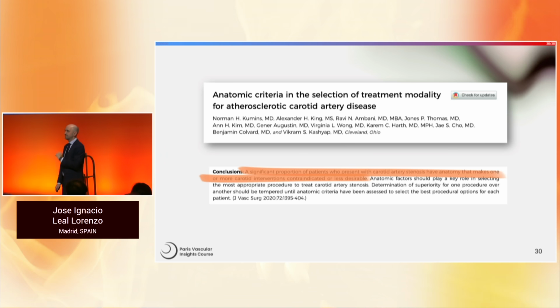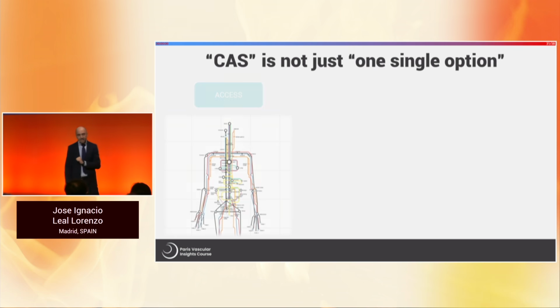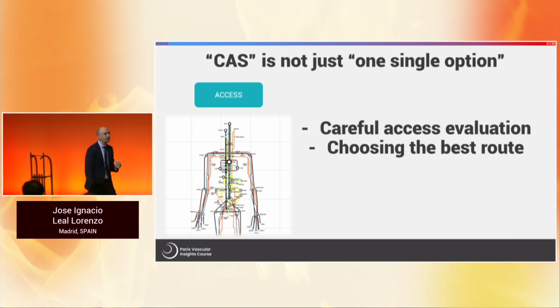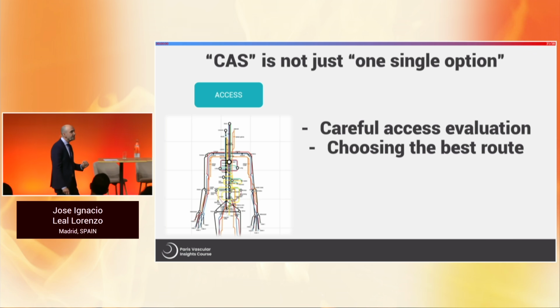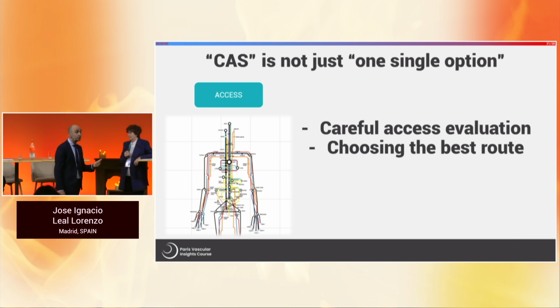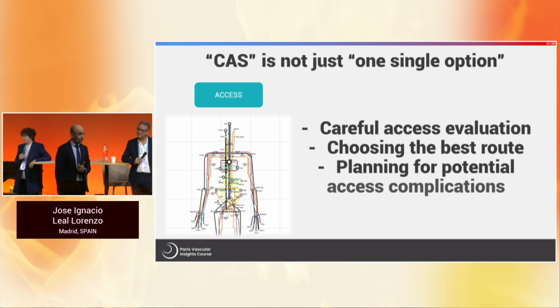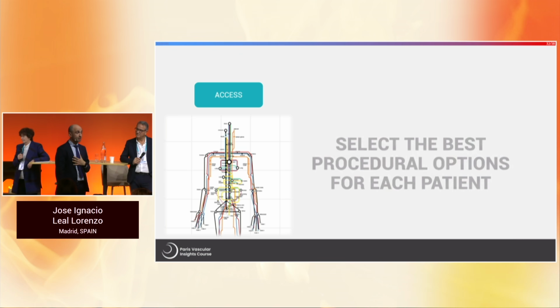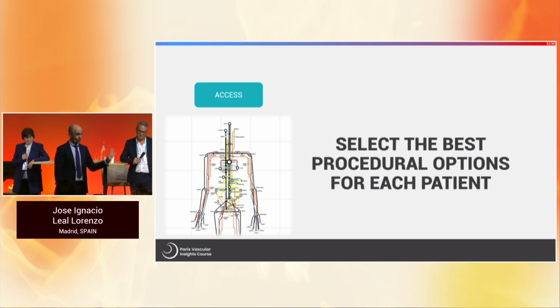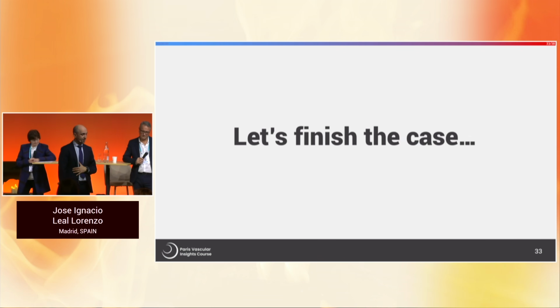We need to discuss that. We need to make sure before we treat a patient which is the best access, the best route to treat the patient, and plan for potential complications. Because it's our duty to select the best procedural option for our patients.